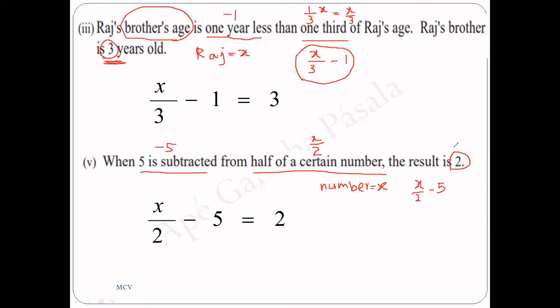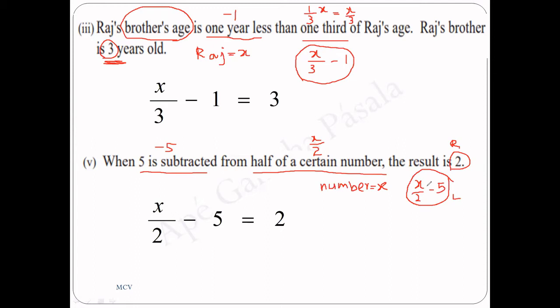So the right hand side of the equation is 2. What is the left hand side of the equation? X over 2 minus 5. When 5 is subtracted from half of a certain number x, that means x over 2 minus 5, that is the left hand side.